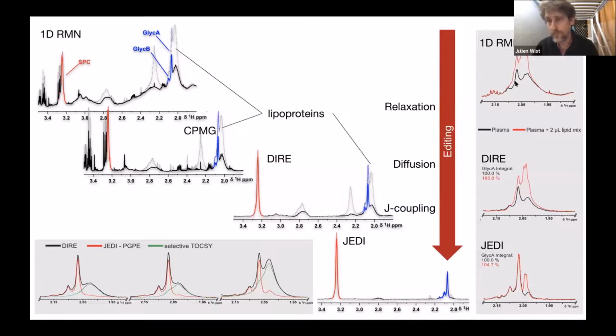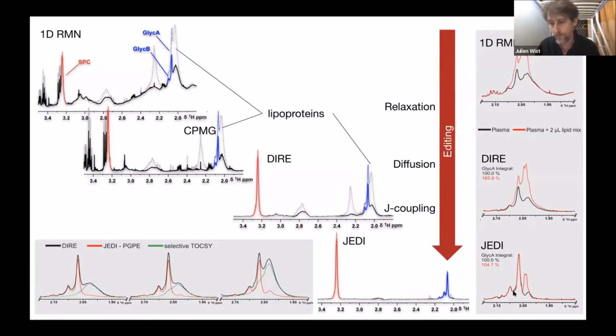So in that case, we can see how the spiking with lipids is actually distorting the result from the NOESY. And even on the Dyer experiment, we can see a strong contribution from those lipids. While if we go to the JEDI, we can see that there is still a bit of overlap, and there is still this peak, the contribution from the lipids.